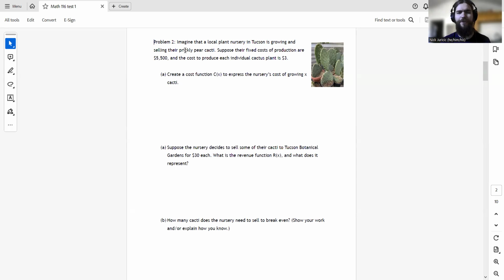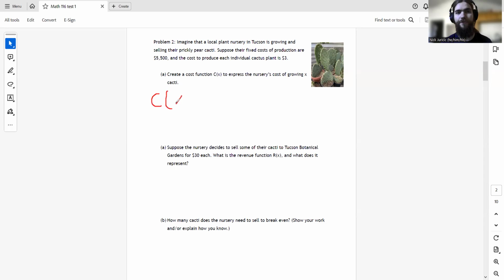Or maybe not pots, because that's for the individual cacti, but costs of starting up production, like having the nursery in the first place. As the cost of each individual cactus plant, maybe it costs them $3 to produce. So you need to create a cost function to express their cost of growing x prickly pears.